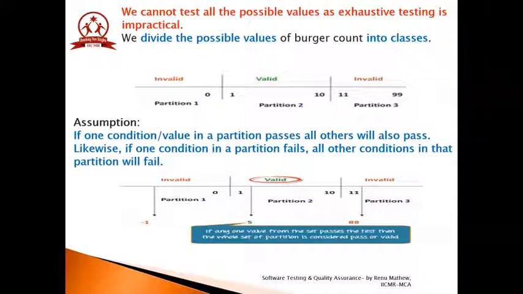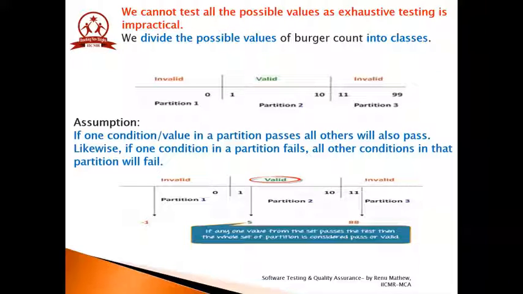The assumption behind this technique is that if one condition or value in a partition passes, all others will also pass. Likewise, if one condition in a partition fails, all other conditions in that partition will fail. So let us take representative values from all the three partitions or classes. From the valid partition, that is partition 2, let it be 5.